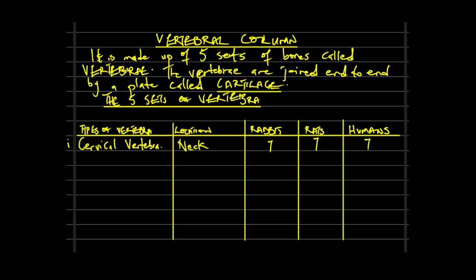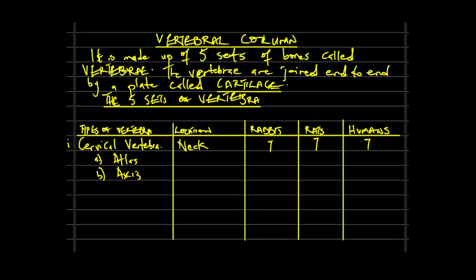Like I said, it is made of 2 bones. The first one, A, we have the atlas, and B, we have the axis. Those are the bones of the cervical. They are both found in the neck region, and this is the number that we have in human.